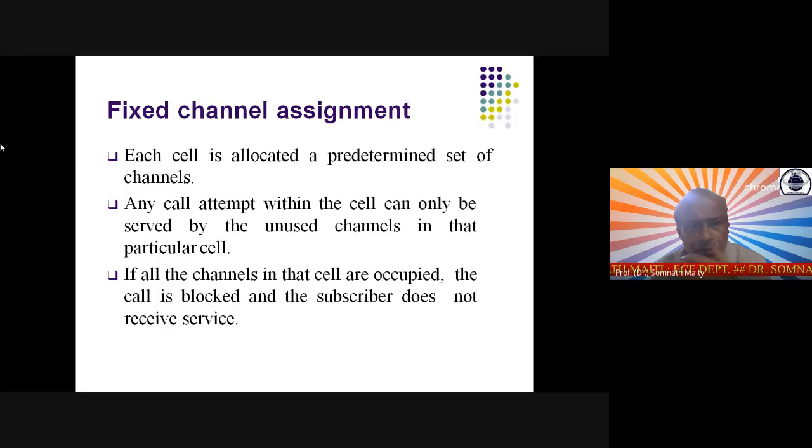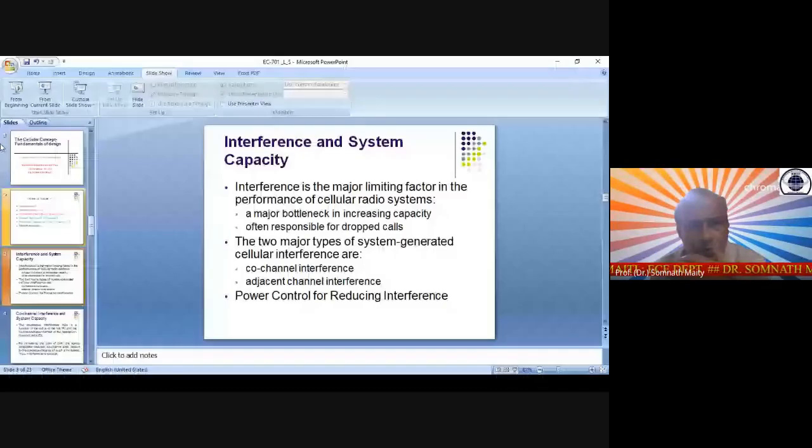Out of these 10 channels, 7 are in use, and if anyone attempts to make a call, 10 minus 7, one of the remaining 3 will be allocated. If all the channels in the cell are occupied, say 10 calls are going on simultaneously, and anyone makes an attempt to make a call, he will be blocked because no extra channel is there. This is fixed. You can't do anything. Okay.